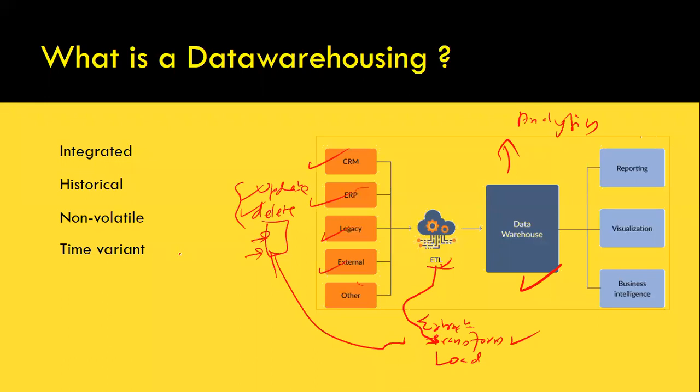Okay. And the next one is time variant. Since we store the data on a time basis, we can perform time intelligence kind of analysis, like-for-like analysis. Once you store the historical data, which you integrated from various source systems, into this data warehouse, this pre-processed data will be consumed by the reporting users.